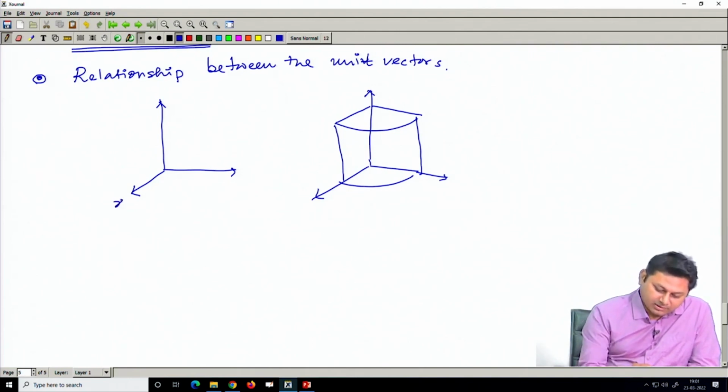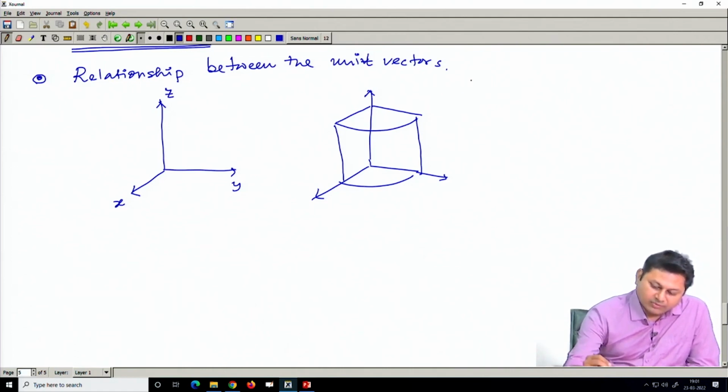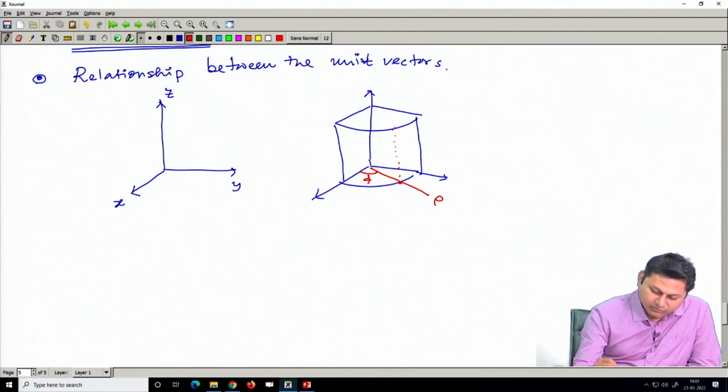So, this is x, y, z, and this system is basically rho, phi, z, where this is rho, this angle is phi, and if I move, say, this, I am talking about this point.